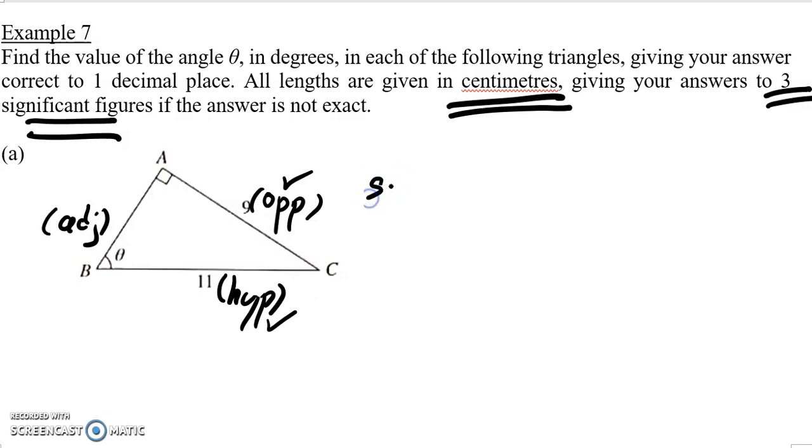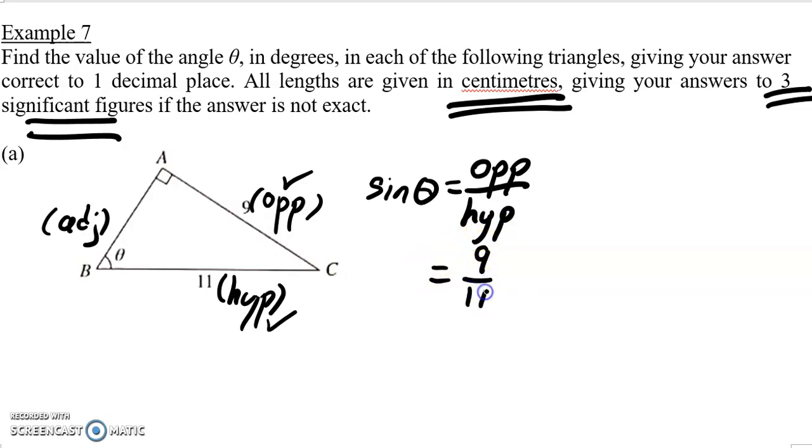So, sine theta is equivalent to opposite over hypo. In this case, our opposite is 9 and our hypo is 11. So, to find the angle theta, very simply theta equals arc sine of 9 over 11.